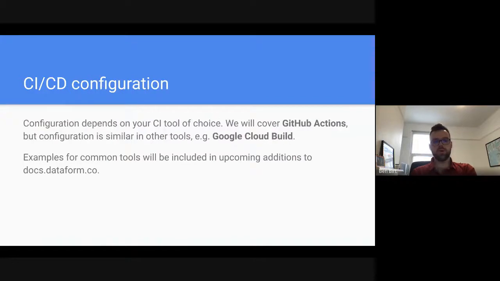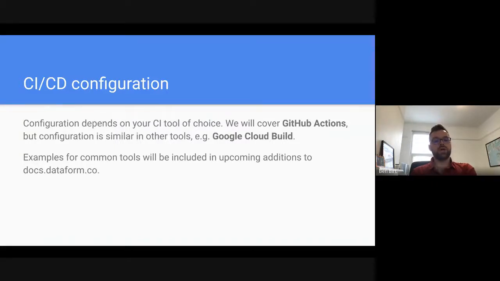Cool. So how do you configure this? Well, it depends on your tool of choice, your continuous integration tool of choice. I'm going to talk about GitHub Actions, and I'll run through a demo of how to set that up for a Dataform project, because I think most Dataform users use GitHub. That said, I suspect GitLab is pretty similar, if not the same.